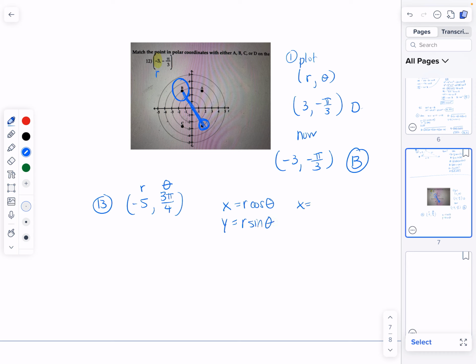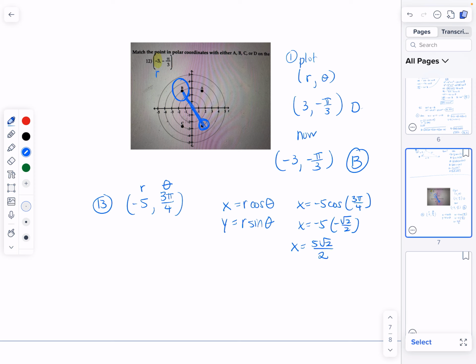So x equals negative 5 times cosine of 3 pi over 4. 3 pi over 4 is in quad 2, where cosine is negative. So this is negative radical 2 over 2. So x equals positive 5 radical 2 over 2.